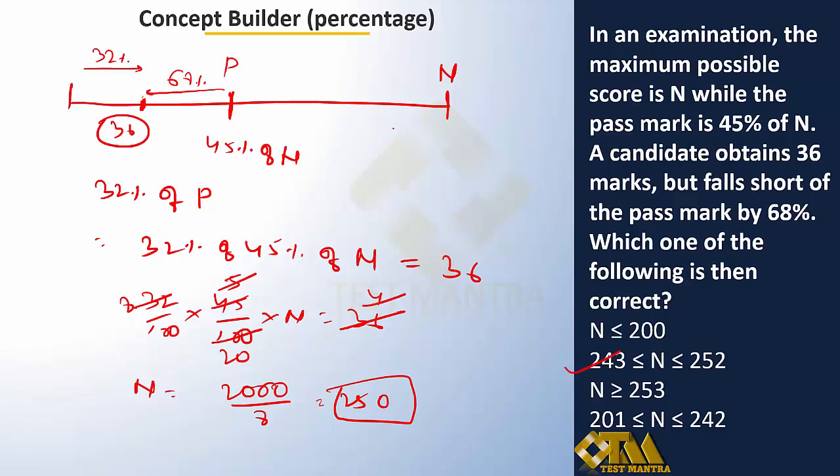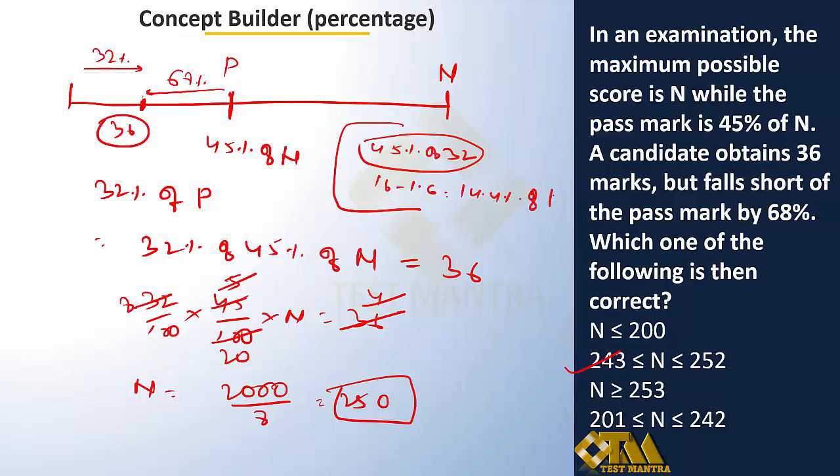So the other way out which we can see is nothing but 45% of 32 if we'll consider, right? So 16 minus 1.6, 14.4% of n is equal to 36.